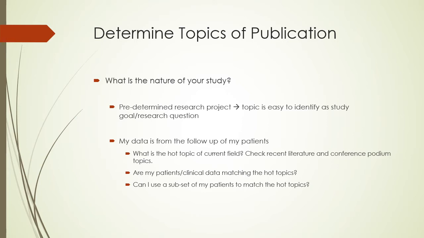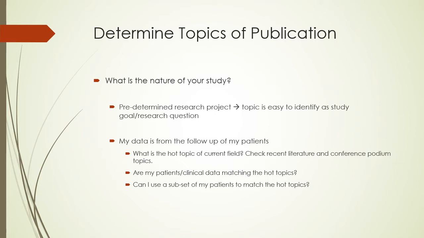If you are having the data set coming from a funded research project, you probably will have a pretty good idea of predetermined topics. It's in the study goal or research question in your protocol. But if you are just doing regular follow-up with your patients, and you have a set of patient outcome data, you might want to check what is the hot topic or hot topics in the current field.